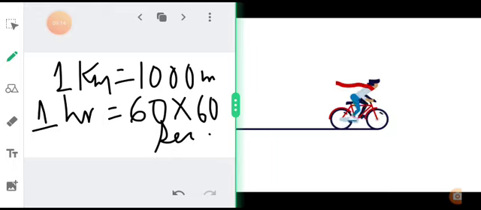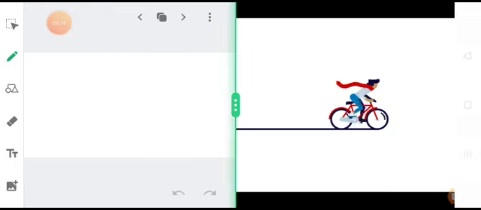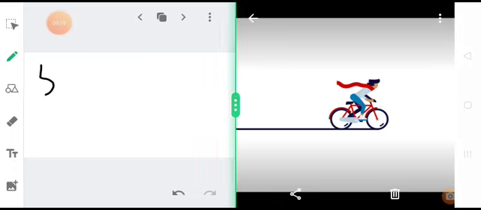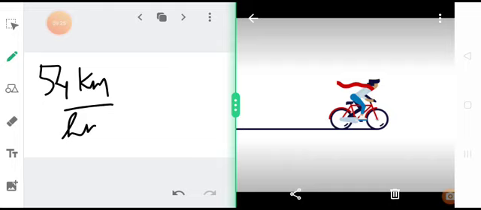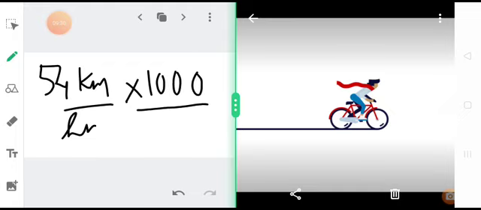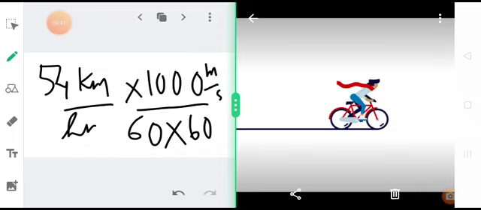For example, if the speed provided to you is 54 kilometer per hour. For converting from kilometer to meter, you have to multiply by 1000. And for converting from hour to second, you have to use this conversion factor, and accordingly you will get the value in meter per second, isn't it?